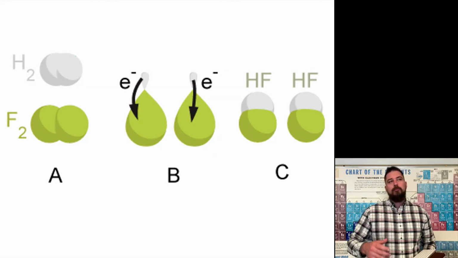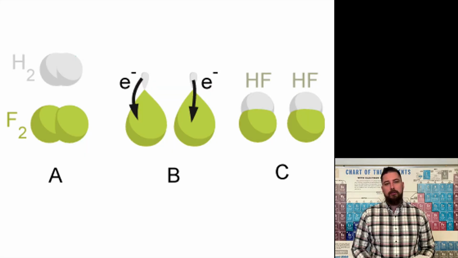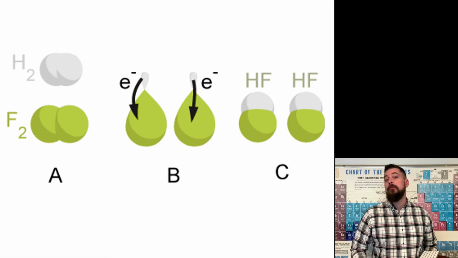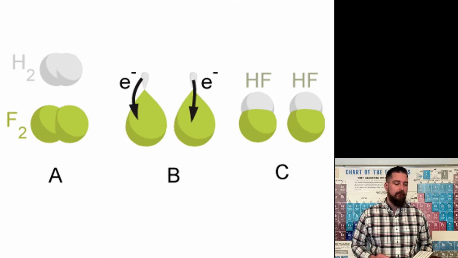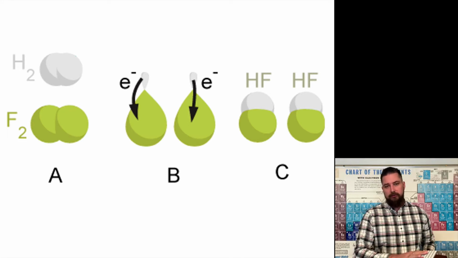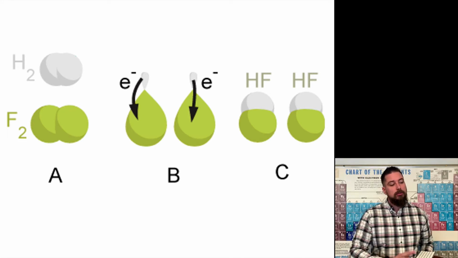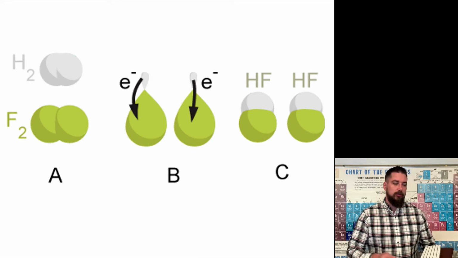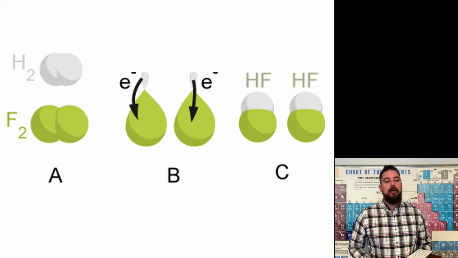Now, the previous example is an ionic compound. Ionic compounds involve the transfer of electrons, but what about covalent compounds? In covalent compounds, there's not a transfer of electrons, but sometimes there's an uneven sharing of electrons. Sometimes one atom is pulling the electrons closer to itself. Even though there's not a full transfer of electrons, notice how there is a pull of electrons to the fluorine.